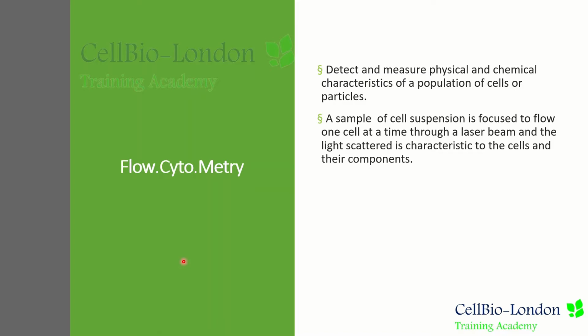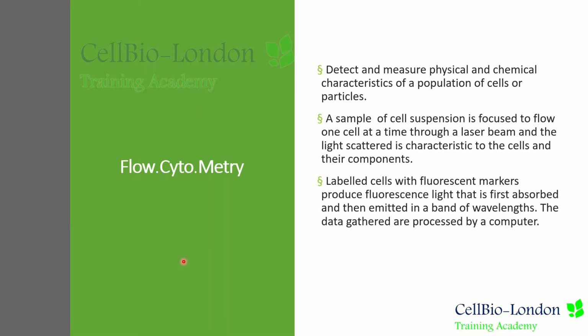Through a narrow tube, the sample is focused to ideally flow one cell at a time through a laser beam, and the scattered light is characteristic of the cells and their components. When the cells are labeled with fluorescent markers, fluorescence light is first absorbed and then emitted in a band of wavelengths. Tens of thousands of cells can be quickly examined, and the data gathered are processed by a computer.